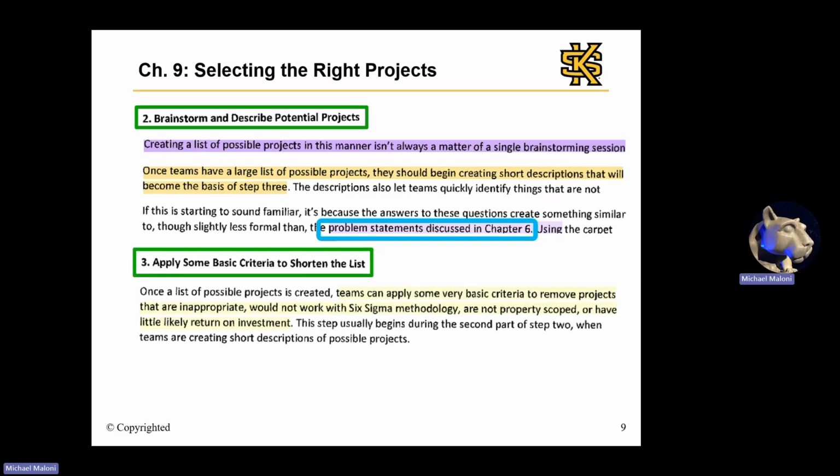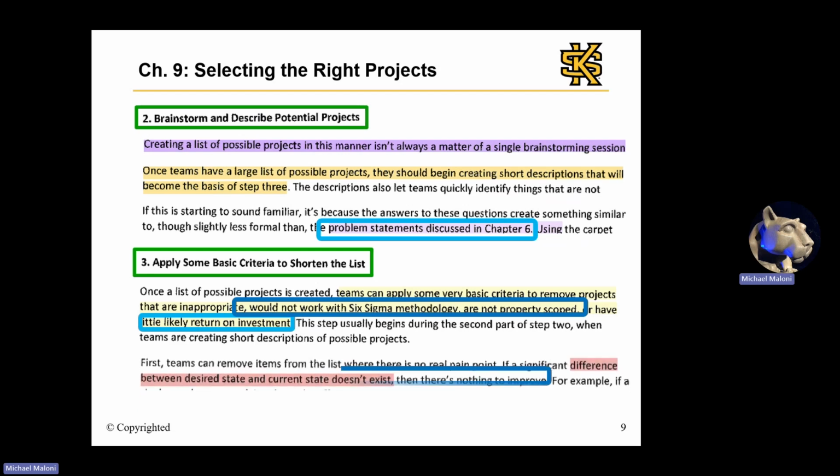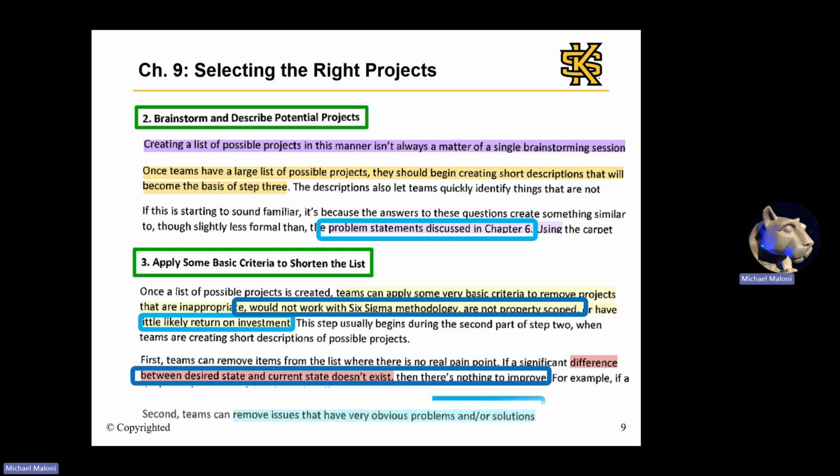For example, projects that don't fit the Six Sigma methodology, such as organizational culture issues, or projects that are not properly scoped, or perhaps projects with unclear or limited return on investment, ROI, or projects with limited improvement opportunity, as well as projects with obvious problems and/or solutions.